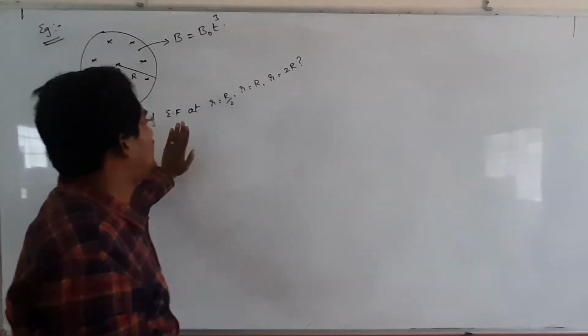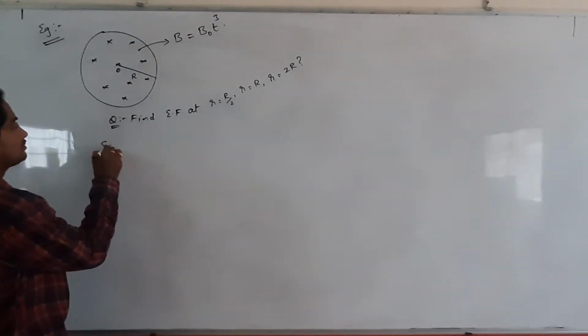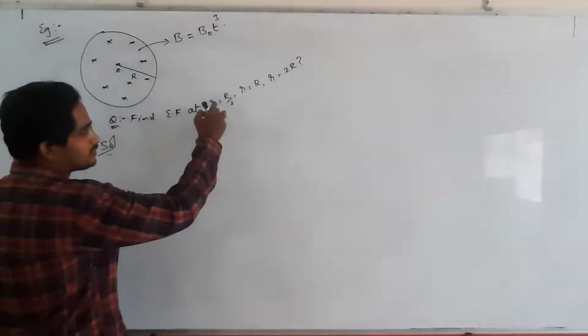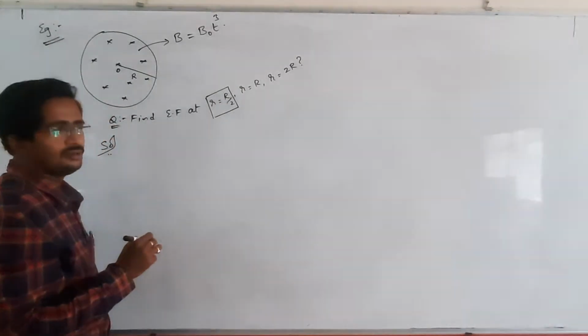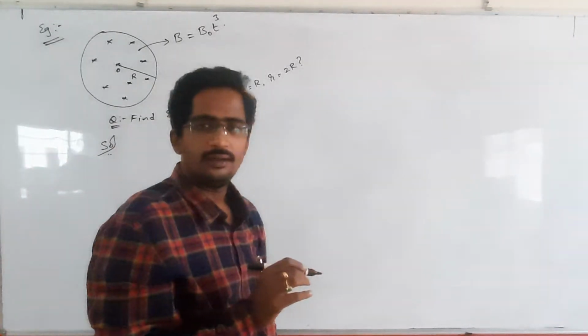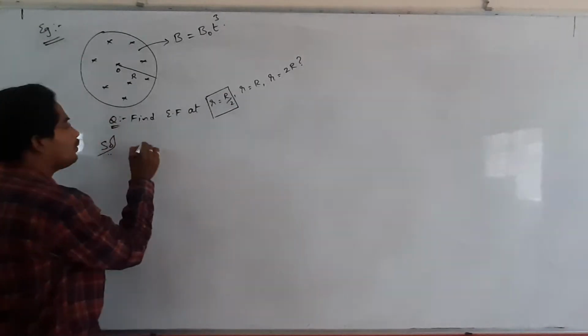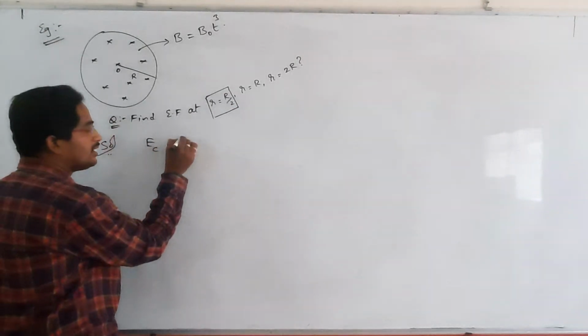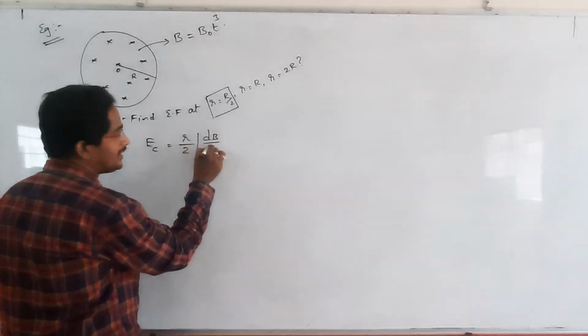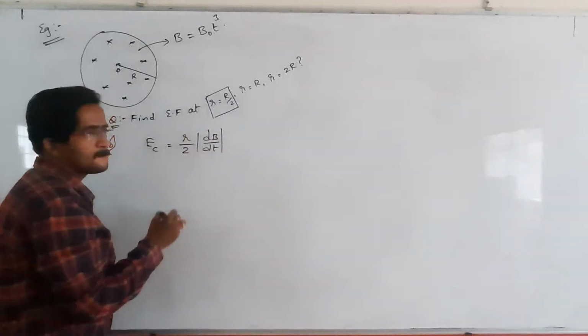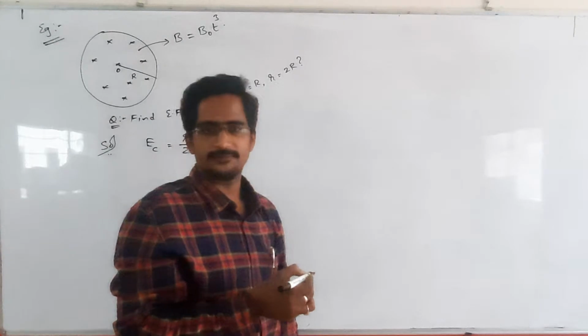How can we get it? Already we know well. Here, the first one is an inside point. For an inside point, what is the electric field intensity formula? Small r by 2 mod of dB by dt. In the last class, we derived it.